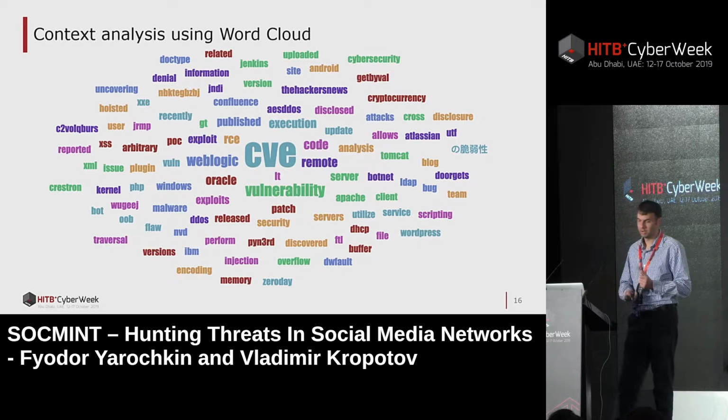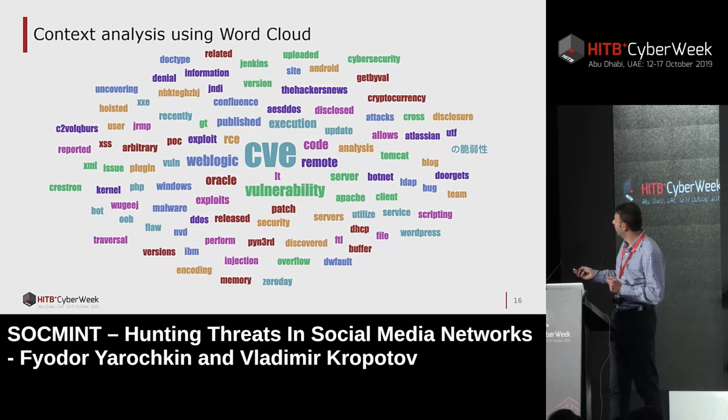In some cases, you can see, for example, botnet, so it's a CVE which is exploited in the wild. Sometimes you can see patch released. Sometimes it's used for DDoS attacks, malware, and so on. And for example, here is an Oracle-related vulnerability.